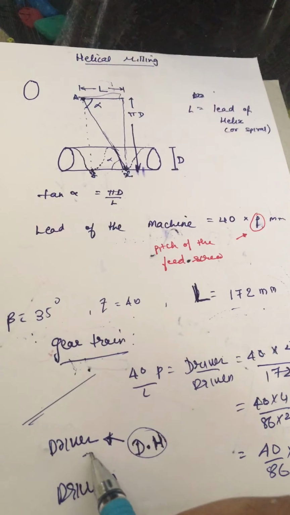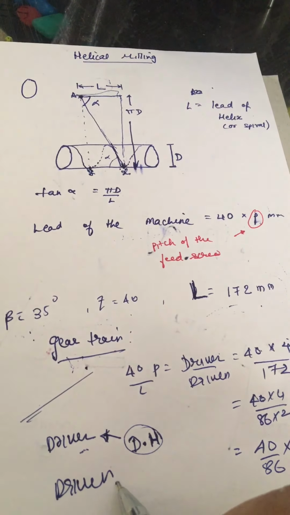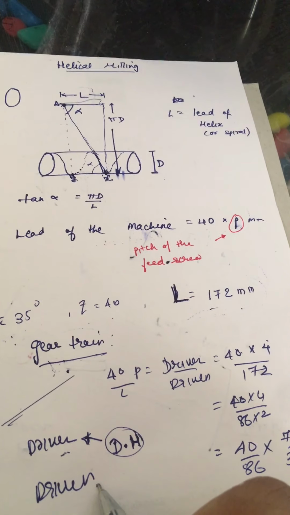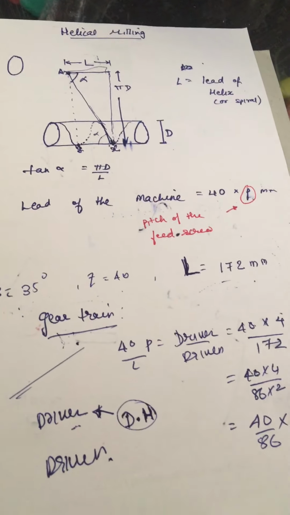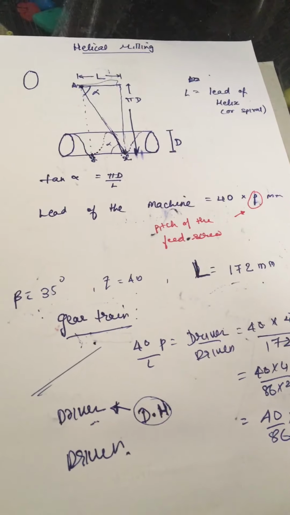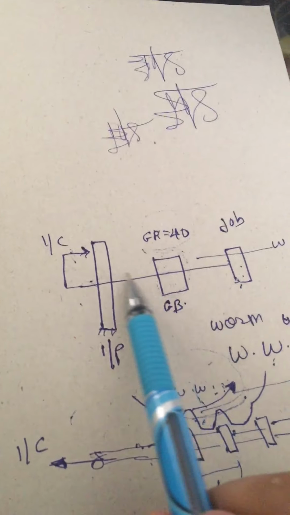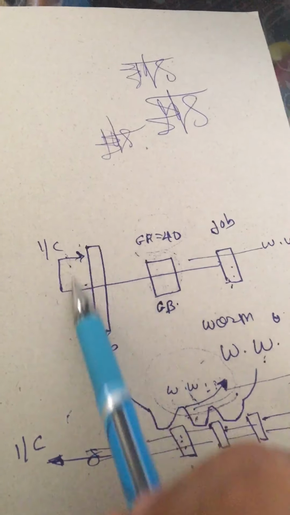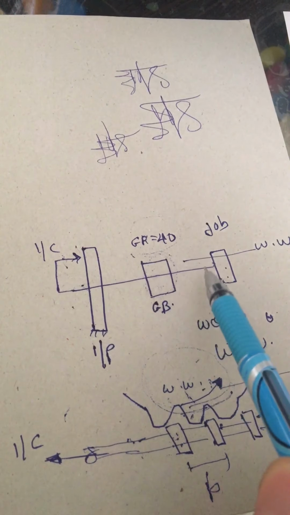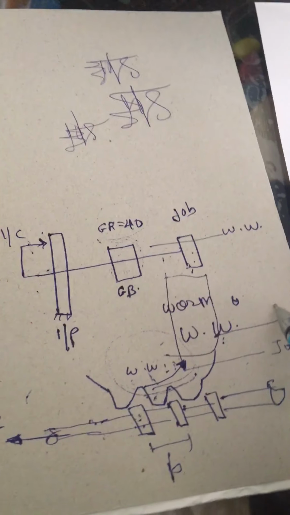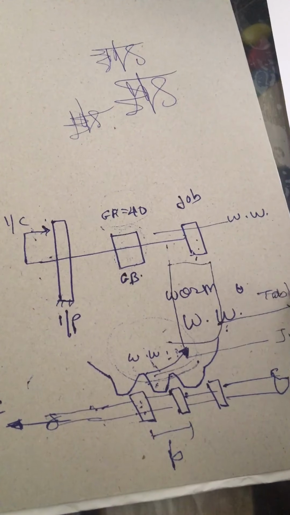That is my driver, and the driven is the table, which is moving horizontally. Through the dividing head there would be some gear systems which would give motion to the table. It's something that we have already seen, so I'm not going into that detail.